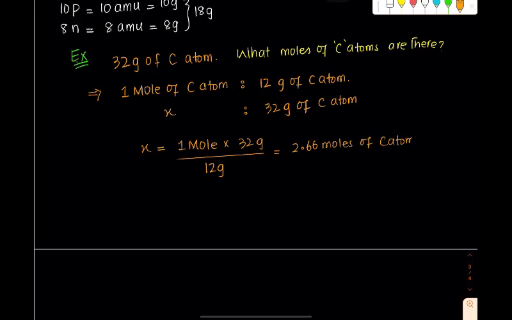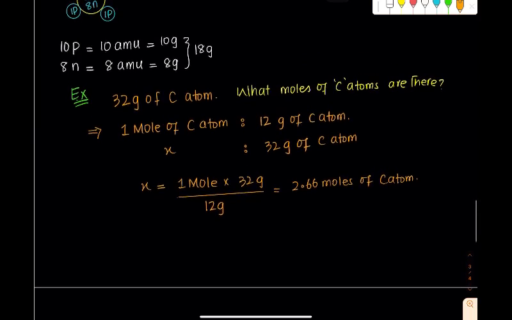You see, when we have a different grams of carbon atom, which is not actually the gram atomic mass of carbon atom, then the number of moles will be different. So if you have a mass which is greater than the gram atomic mass, it will be a greater number of moles. If you have mass which is less than the gram atomic mass, then that will be less than the number of moles, which is 1 mole.